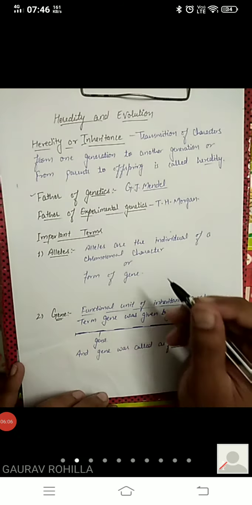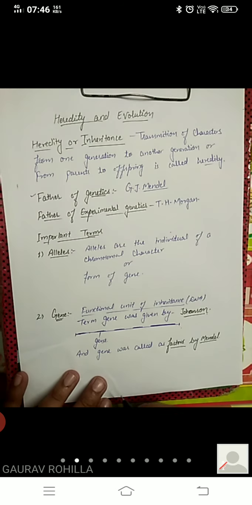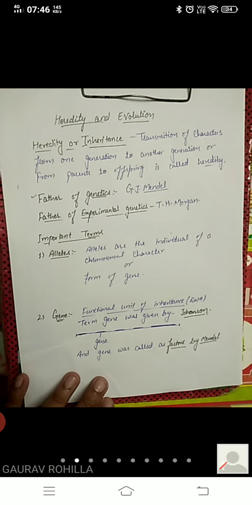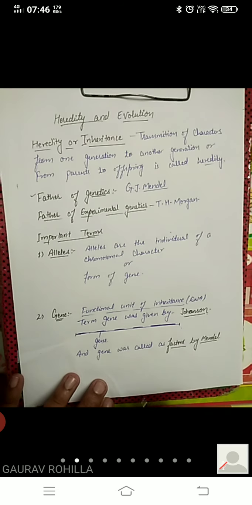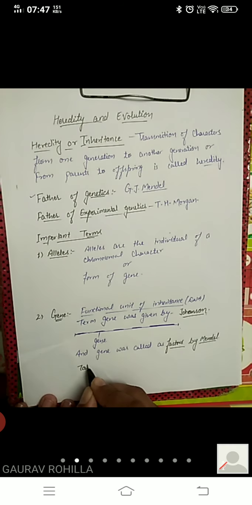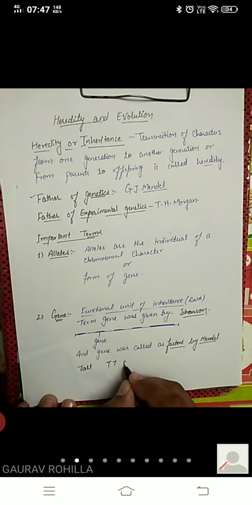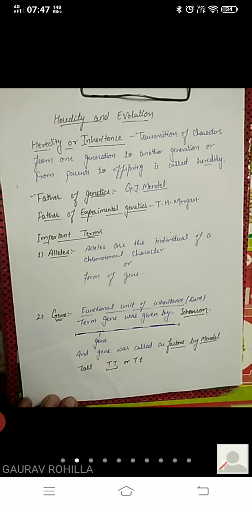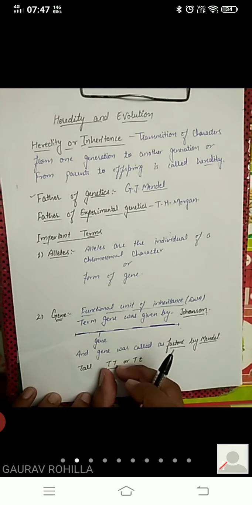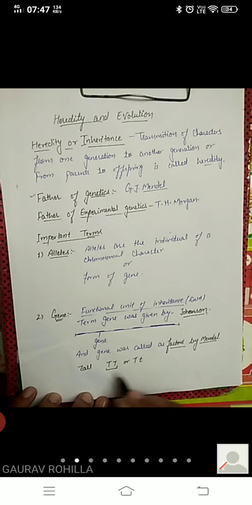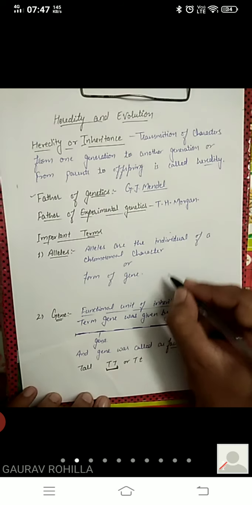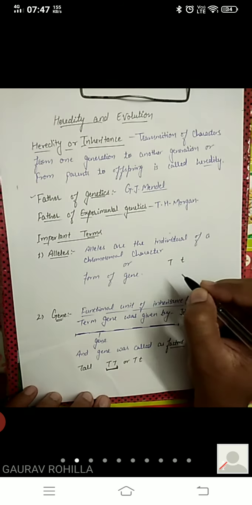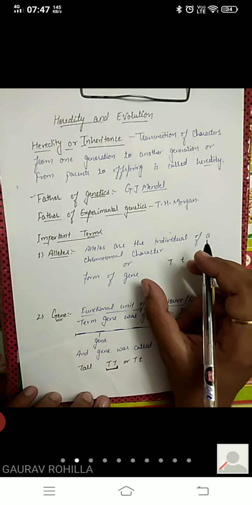Now in case of alleles, for a character of tall, we use capital T or small t. These are the genes, meaning the genetic character is tall or dwarf, and we represent the tall character with a capital T. But in case of alleles, capital T and small t, both are alleles.